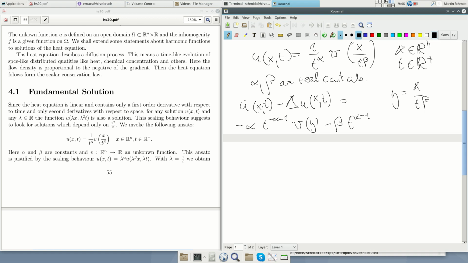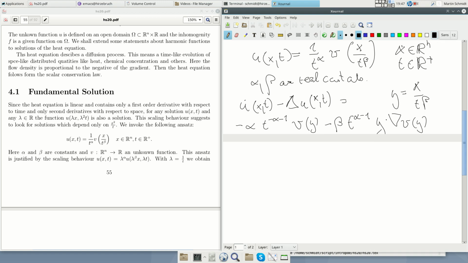And now the inner derivative is x divided by t to the power of beta, and beta plus 1 by the derivative. So we get y, the plus 1 we already put here. And then, of course, we get divergence of v of y. This is the t derivative at this place.